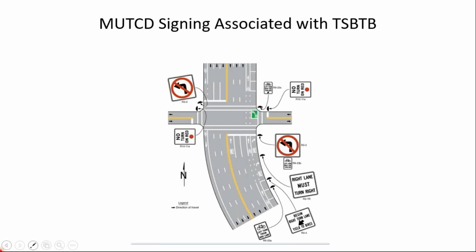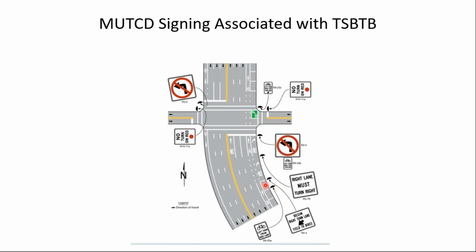And here's an example. This is from the MUTCD, of the signing associated with a two-stage bicycle turn box. So notice you can see the box here, next to the bike lane, but downstream of the crosswalk and stop bar.